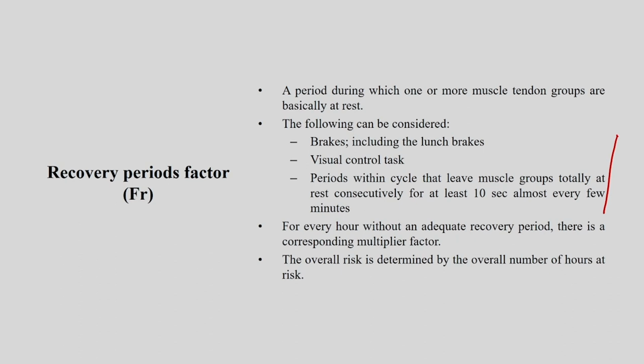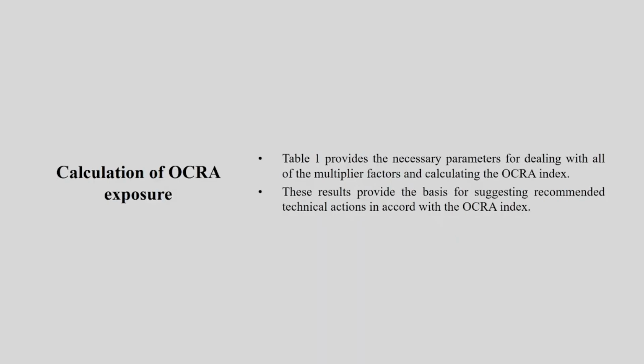Now, the calculation of the OCRA exposure. We have a table that I am going to show now. That table provides the necessary parameters for dealing with all the multiplier factors and calculating the OCRA index.